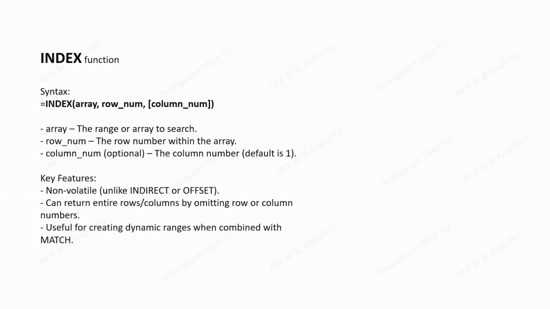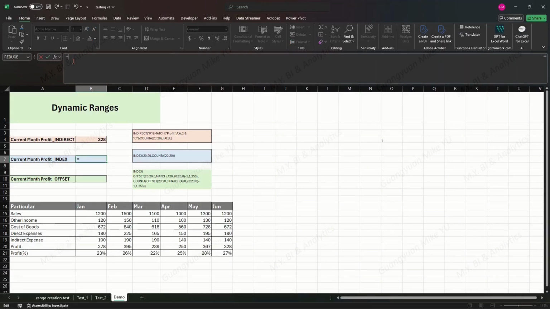The INDEX function in Excel returns the value of a cell at a specified row and column within a range. It is commonly used to extract data dynamically from tables or arrays. Inside the INDEX function, we use 20:20 to refer to the entire row 20.